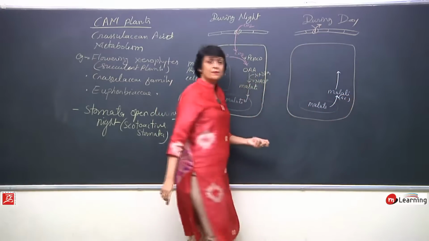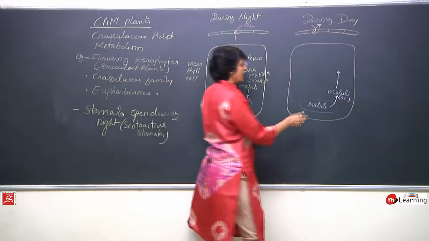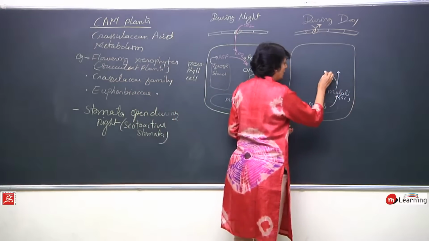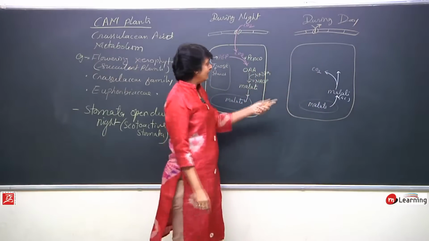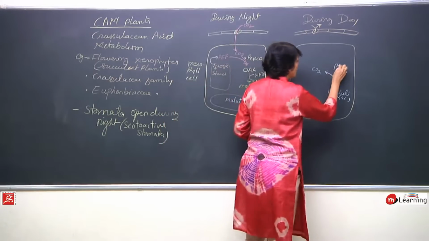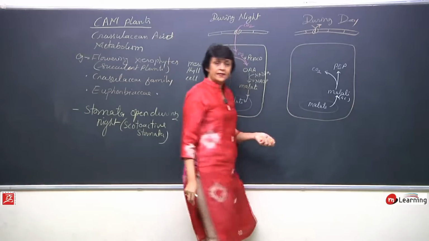So this 4 carbon compound will dissociate into 1 carbon in the form of carbon dioxide and 3 carbons in the form of phosphoenol pyruvate.